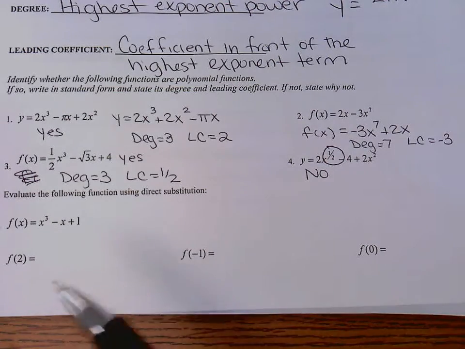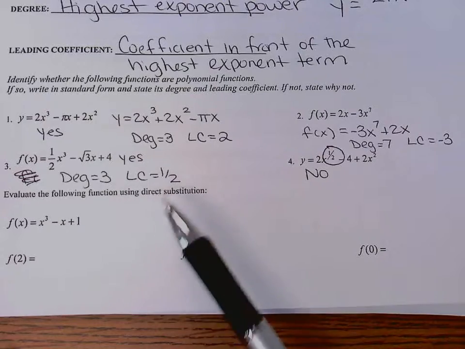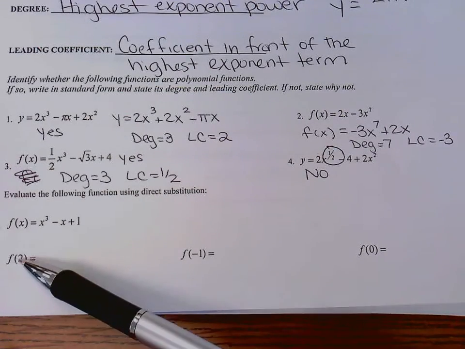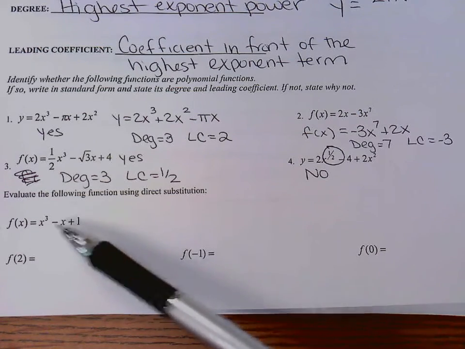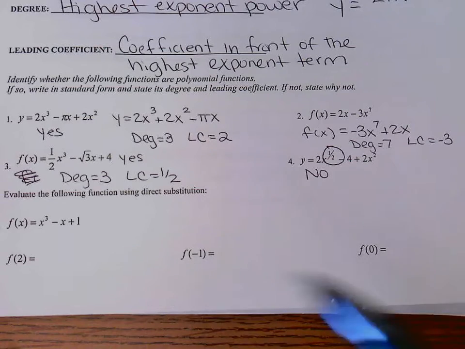And this next piece we've been doing all year. There's something called direct substitution. It's just substitution. F of 2, you're going to plug 2 in and just see what you get. There's a topic that we're skipping this year that's called synthetic substitution. You'll see that in pre-calculus.